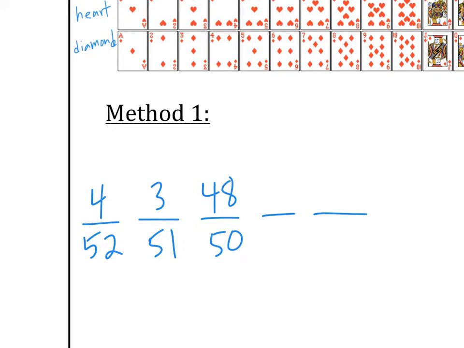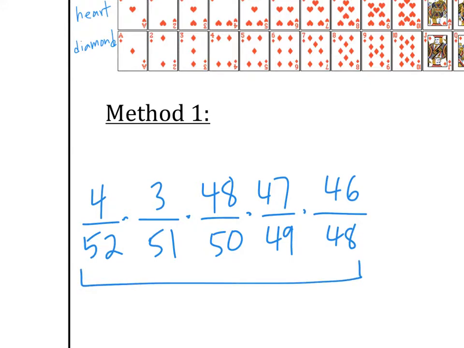So what's the next probability? 47 out of 49, and the last one is 46 out of 48. All right, so I multiply that together. However, this is not it. This is one possible way it could happen.